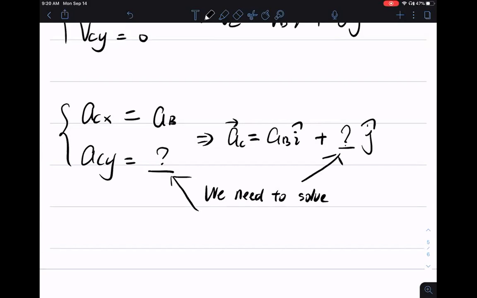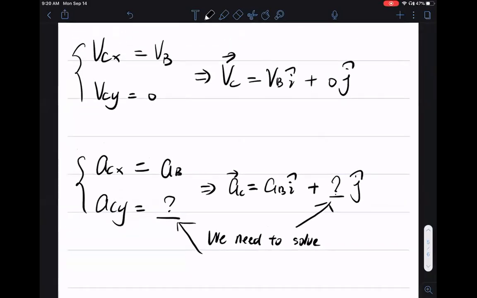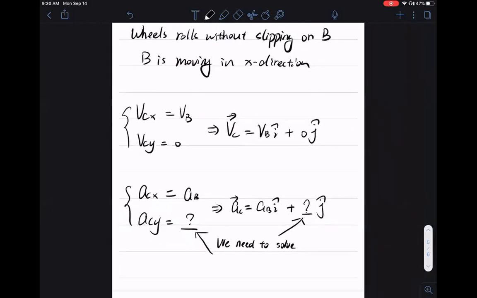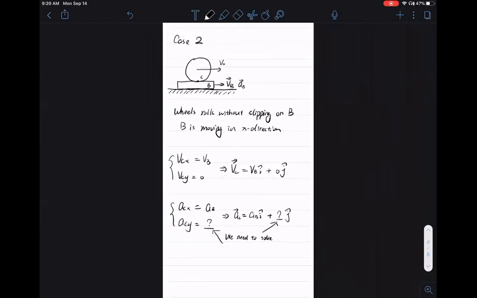Okay. So far, this is the second case. Case 1 and case 2. Whenever you see no slip, always refer back to case 1 and case 2, and determine which case we are looking at. If that is case 1, write down everything we know under case 1.